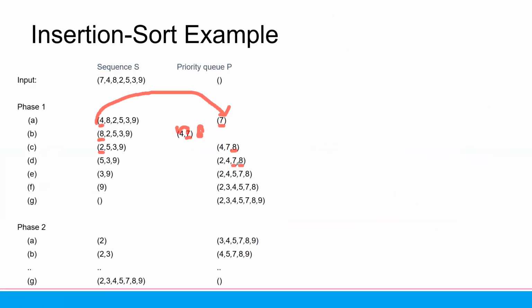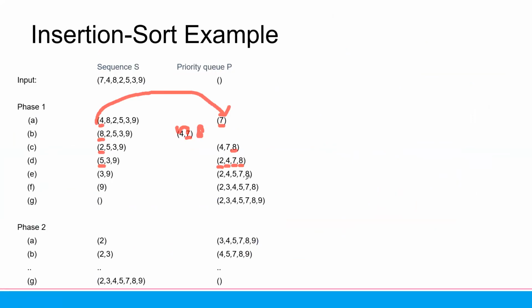And then I will check again with 7. 2 is smaller than 7? Yes. So I will check the next element. 2 is smaller than 4? Yes. Then we have nothing before 4. So we put 2 before 4.